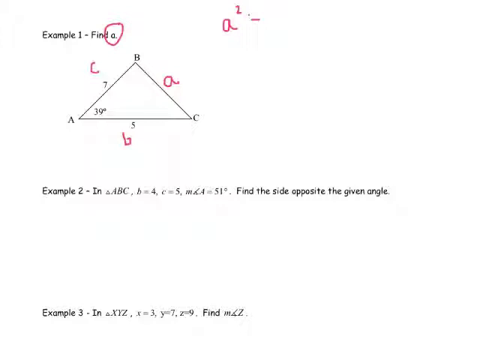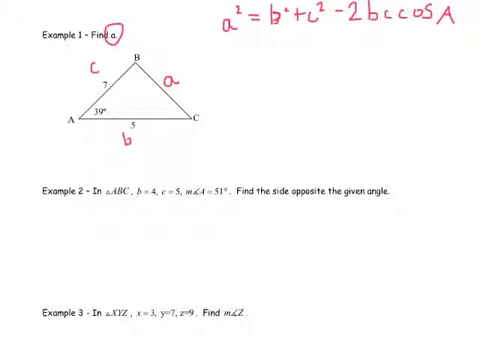It's the other 2 letters, b squared plus c squared, then a minus sign, 2, and then use these letters again, bc, and then cosine of, so this was a, so now we're going to do capital A, because that's the angle. All right, so that's the formula.